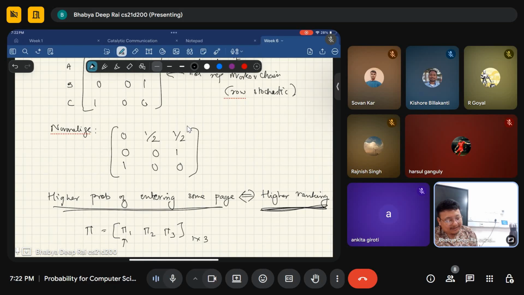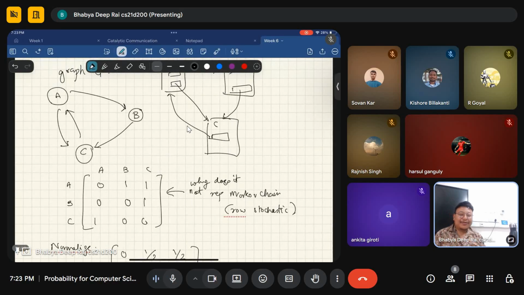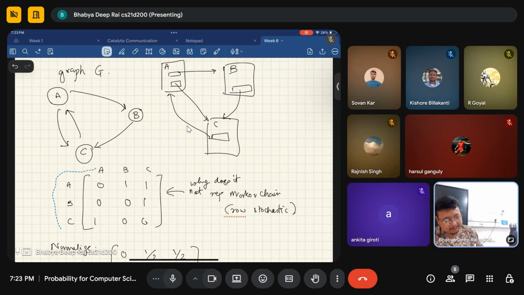So this is the probability of entering state 1 or page 1, page A, and so on. So I can even write it as page A, page B, page C. Good. So now can you compute the stationary distribution of this matrix? This is the Markov chain.